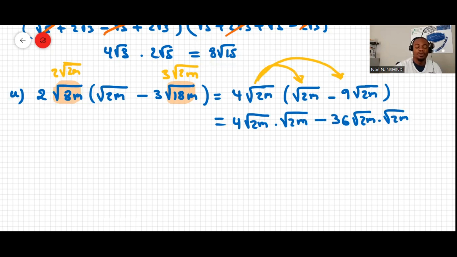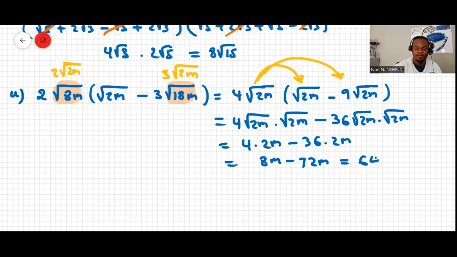Now, root 2m times root 2m just makes 2m, so 4 multiplied by 2m, minus 36 times 2m. And then 4 times 2 makes 8m, minus 72m. And then 8m minus 72m makes negative 64m. Okay.